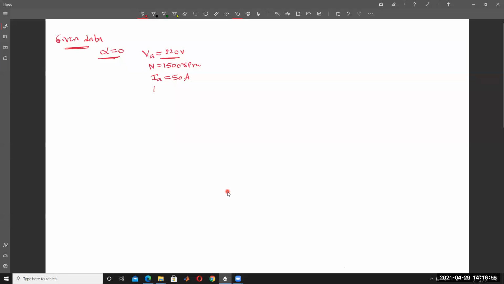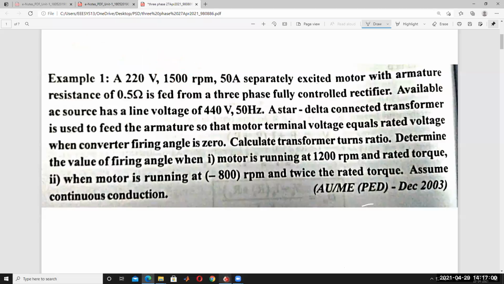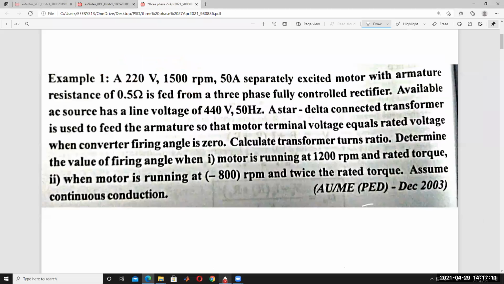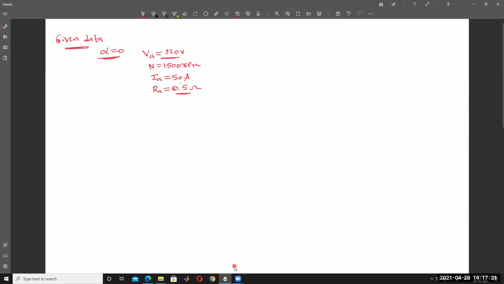The armature resistance is 0.5 ohms. The available line voltage in the three-phase system is 440 volts, and frequency f is equal to 50 Hz.